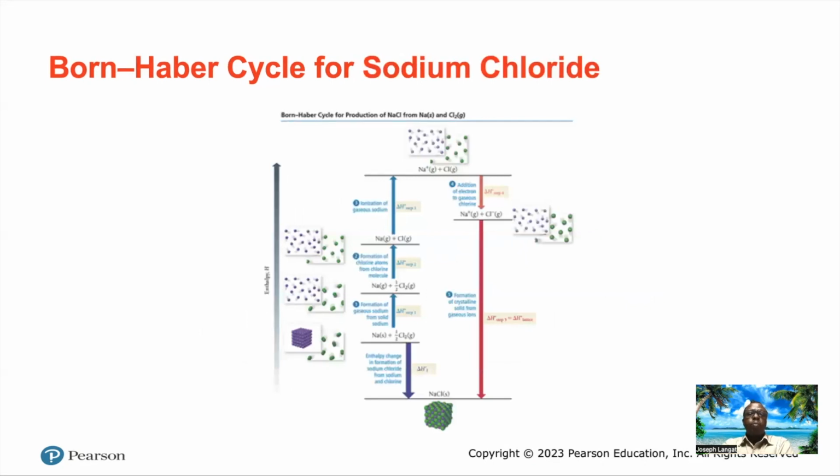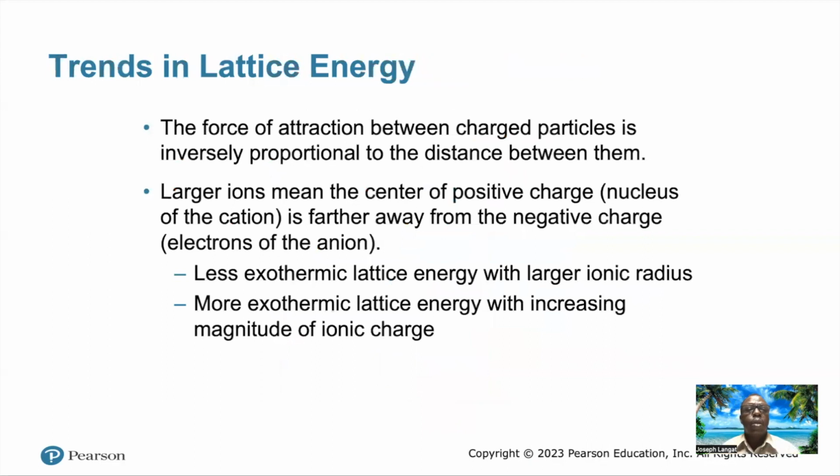In the diagram, please make sure you read the relevant section in the text. Practice how to use the Born-Haber cycle to determine the lattice energy. You should be able to state the trend on the periodic table. Trend of what? The trend in lattice energy. You need to know that.